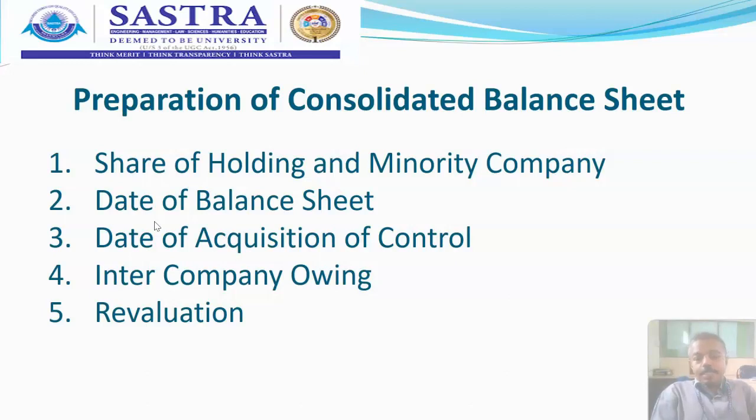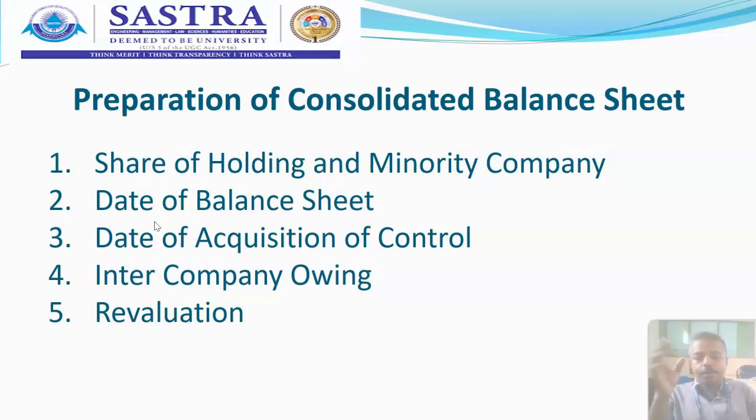When the purchase consideration is more than the net asset value of the other company, then the difference we call goodwill. Definitely we will have a question on this in MCQ, both in semester as well as internal. So what is goodwill? When a purchase consideration is more than the net asset value of the share, then it is called goodwill.